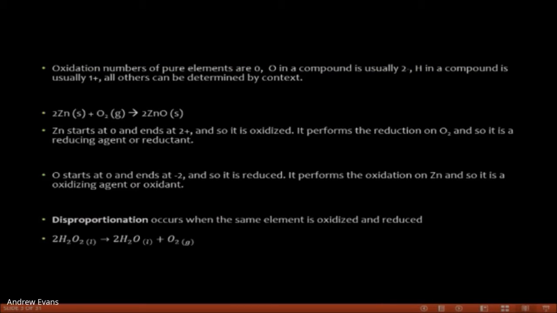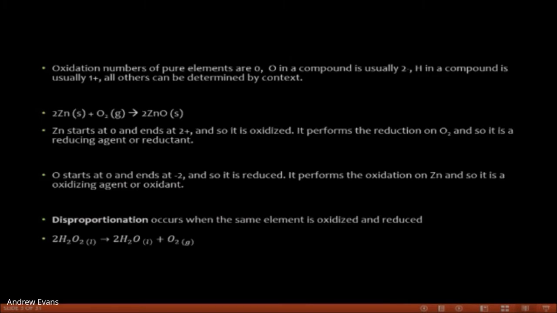Now, you have to remember there's certain rules to determine oxidation states, but we can make our lives a little bit easier. One rule is oxidation numbers of pure elements. Whether this is a singular element or diatomic element, if it is a pure element in the standard state, it is 0.